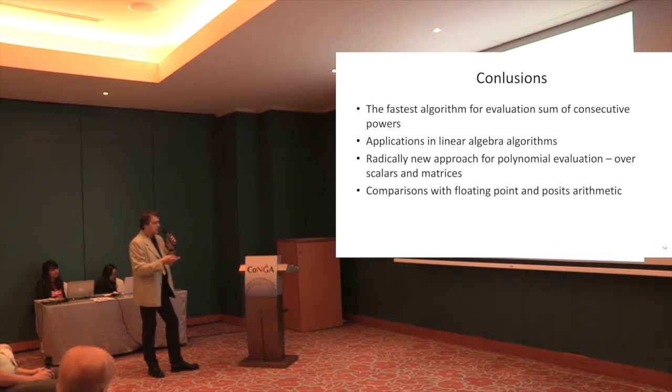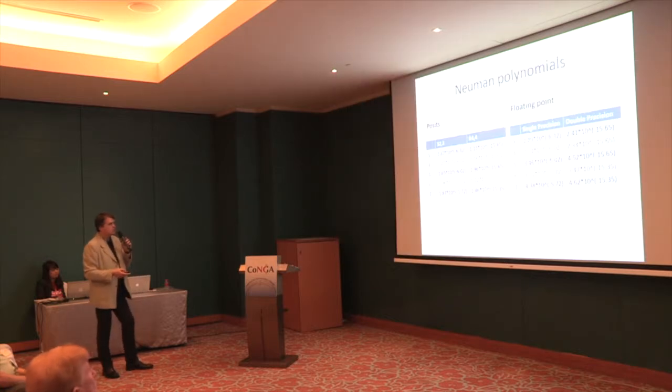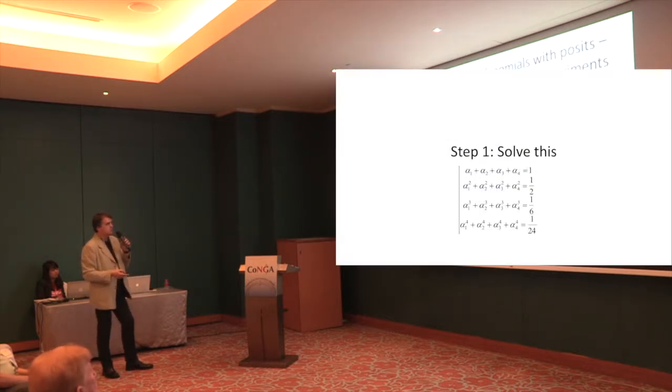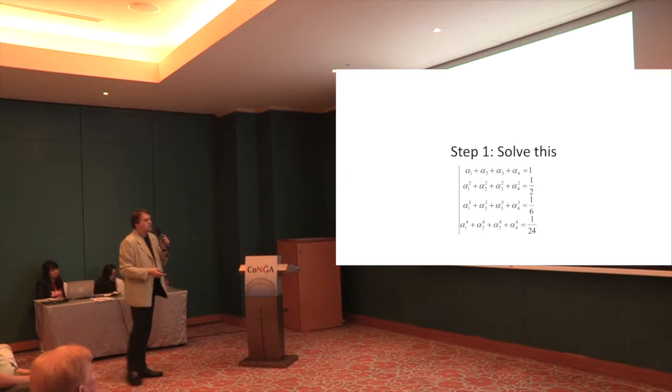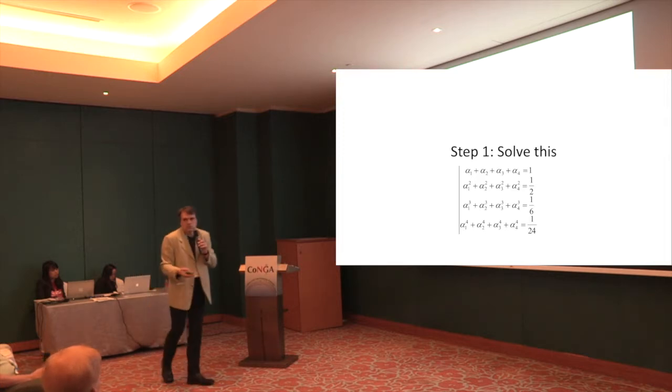We are showing a radically new approach for polynomial evaluation over scalar matrices. Why is it different? I just demonstrated here how to solve the system in the case of a matrix polynomial, but for any polynomial, whatever you want, just change this. Change the right-hand side with any coefficients right here, solve the system, and that's it.